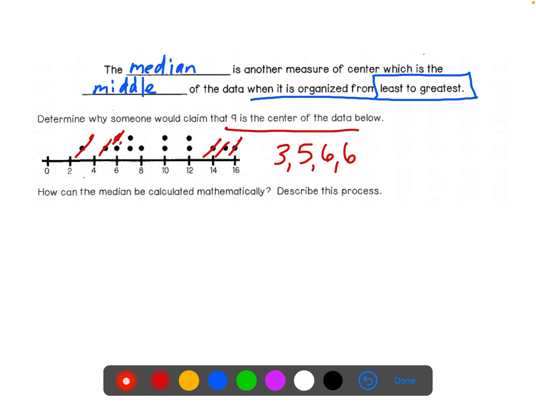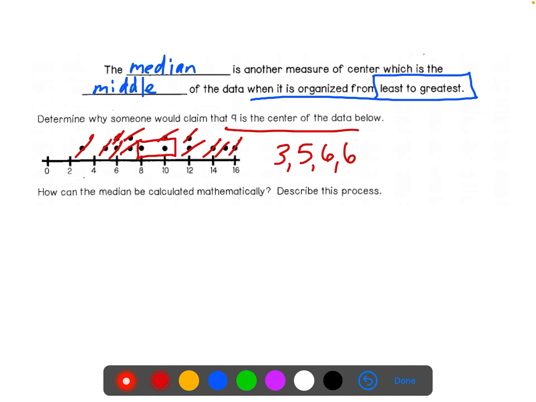All right, so I'll get rid of another 6 and then a 12, a 7 and the other 12, 7 and 10. And now I'm stuck with 2 points left. So if I cross these both off, I don't have anywhere to go. I'm done with all the data. What I need to think, though, is I'm finding the center of this data. So right now, I've narrowed it down between 8 and 10.